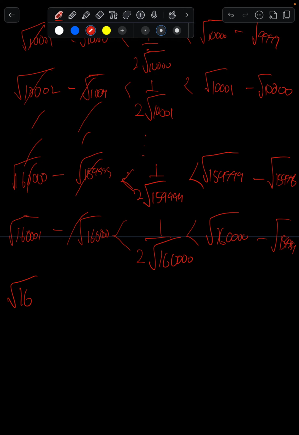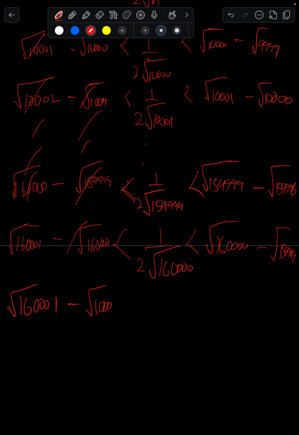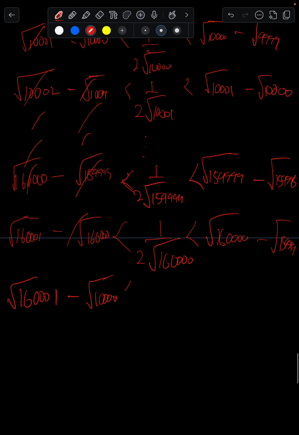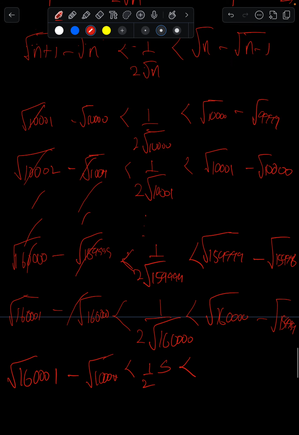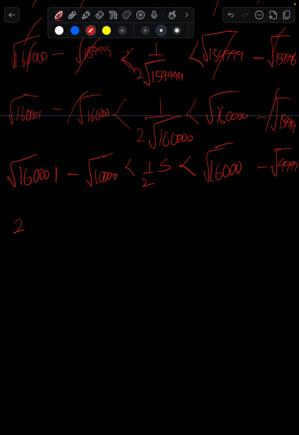You have square root of 160,000 minus square root of 10,000 is less than 1 by 2 times the sum you want, which is S. Now, simplifying, you're gonna have 2 times square root of 16.